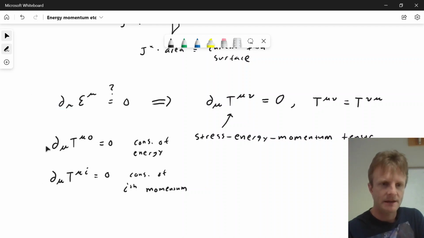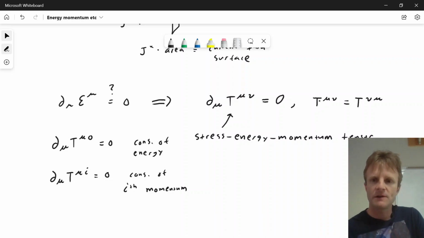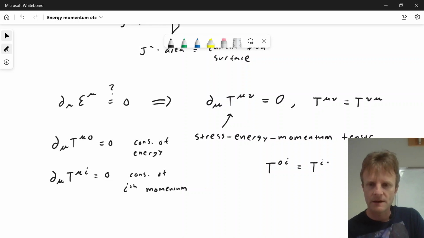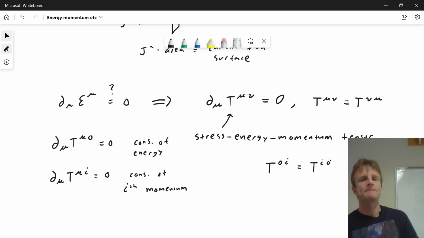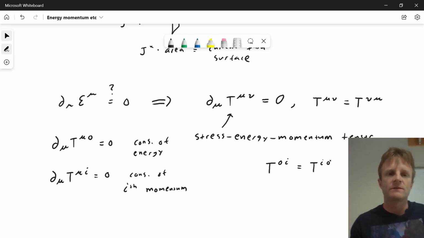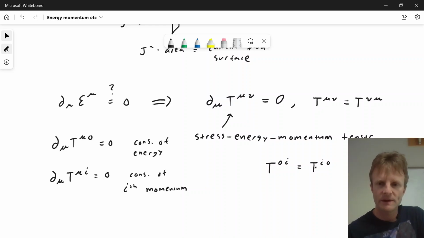Now, let me make some of this a little more plausible. So first of all, let's think about T0i equals Ti0. So what is the way we've defined it?